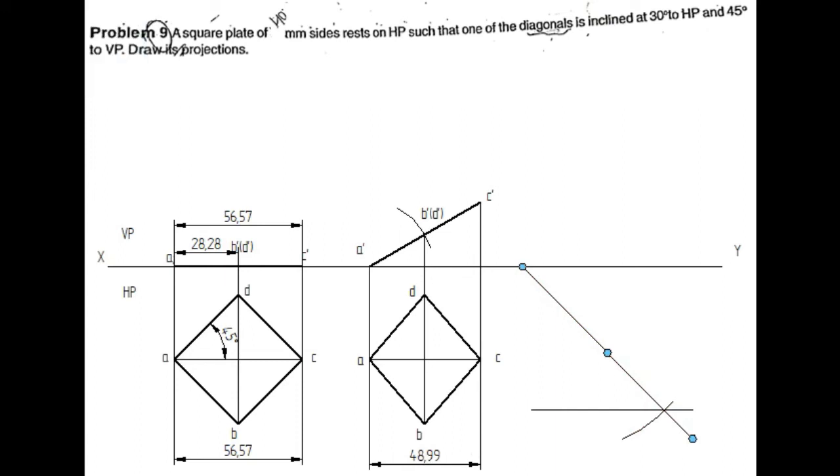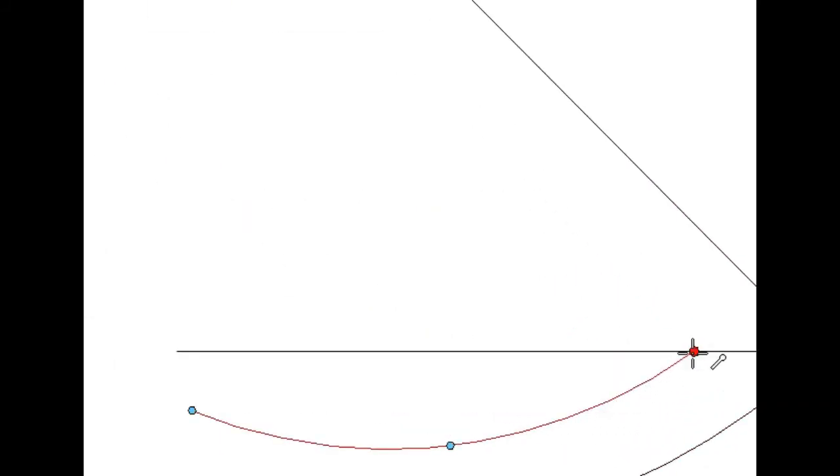So once again I will cut an arc by center point. Using a compass you can cut an arc of 48.99 and cut it on this locus line. Yes, it is cutting on this particular point.